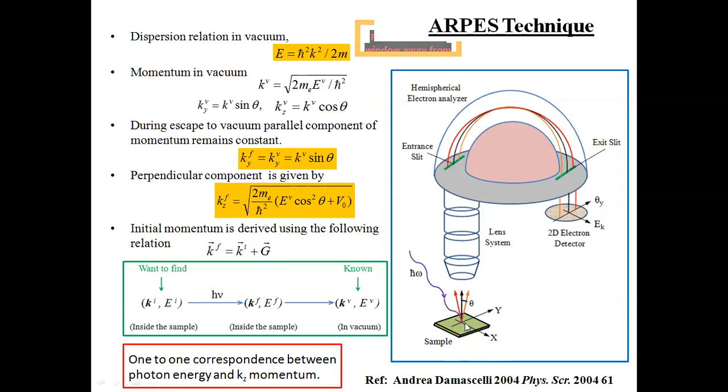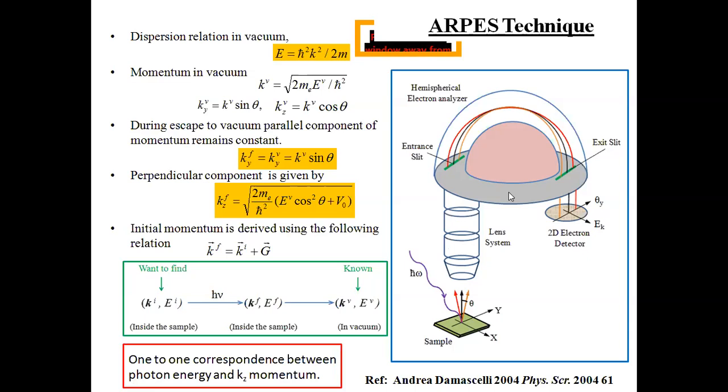If you want to probe electrons along the other momentum direction, that is the x-axis or any other direction, then you have to rotate the sample. If you want to measure the electrons that have only x momentum, then you have to rotate the sample by 90 degrees so that this x-axis is now parallel to the entrance slit.